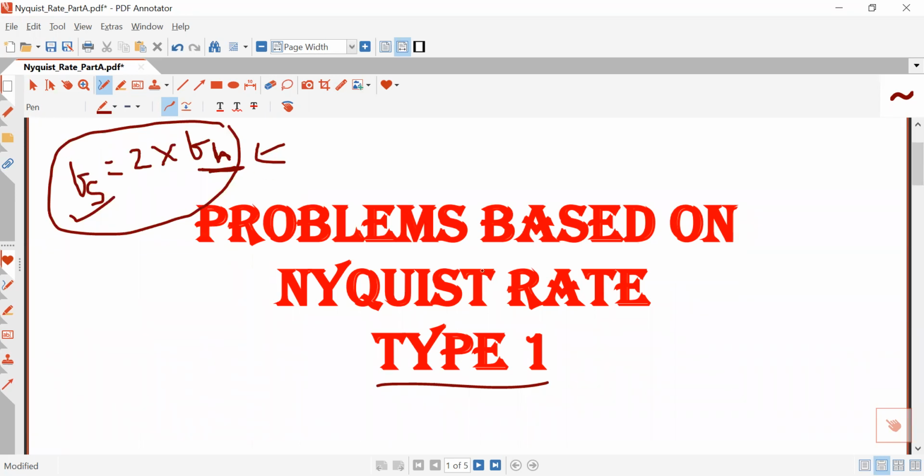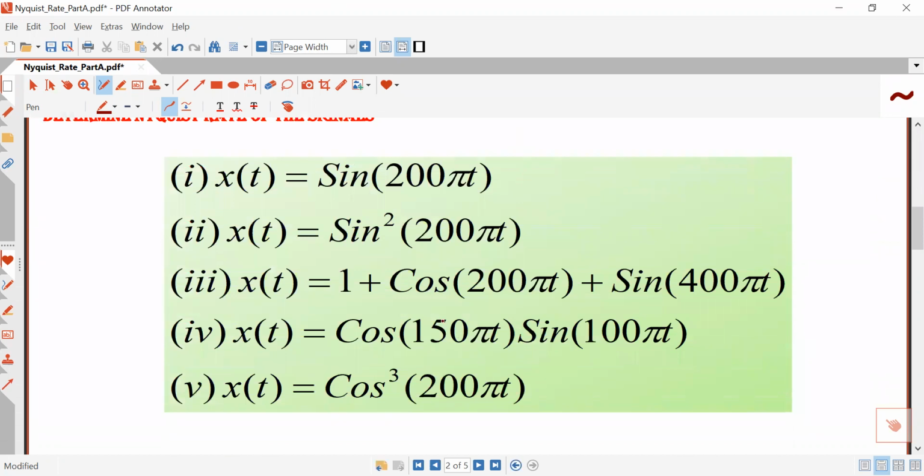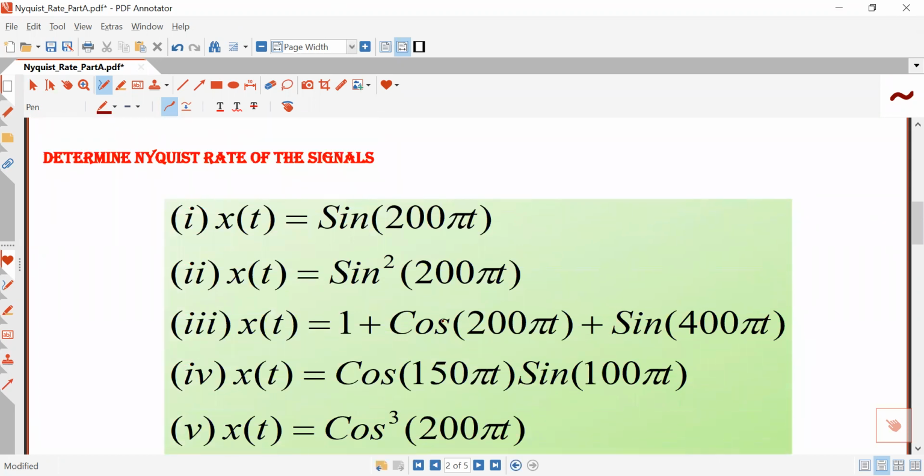So in this video, I have considered some simple numerical examples based on Nyquist rate, the type 1 problems. I have considered 5 signals here, and you will have to determine the Nyquist rate for these signals. Consider the first signal, x(t) equal to sin 200 pi t, and you will have to determine the highest frequency component present in this signal.